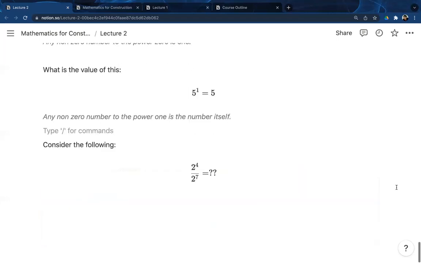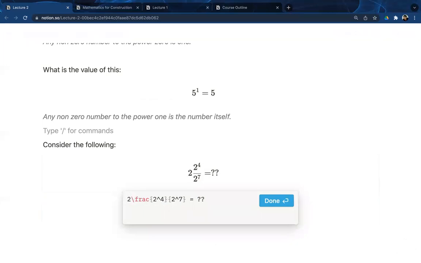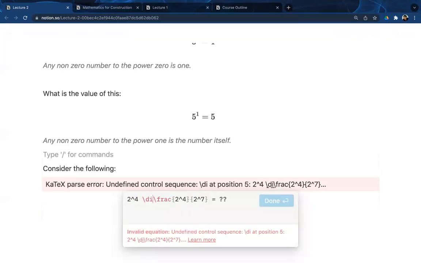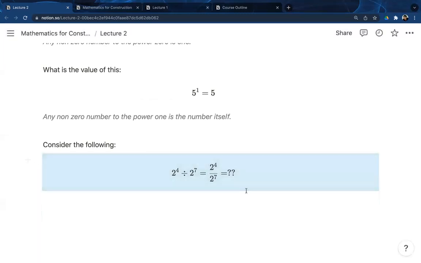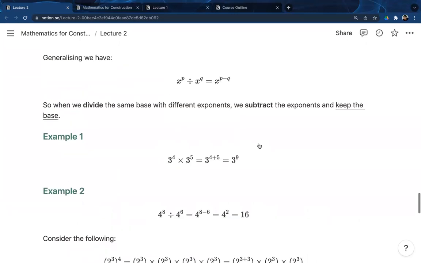What is this equal to? 2 to the power 4 divided by 2 to the power 7. This is a fraction. Okay. Let's consider what this means. We could use the formula up here.